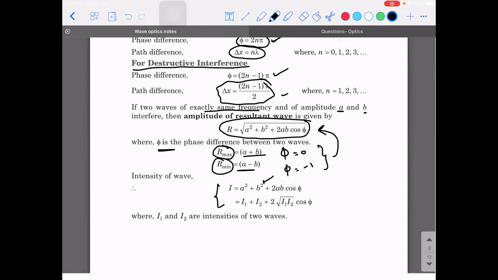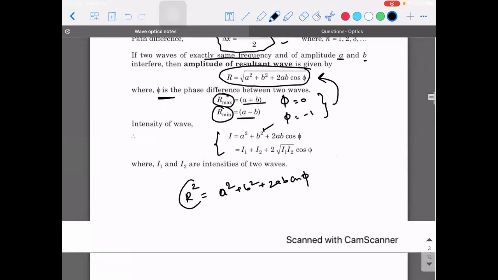See, actually, R square is equal to A square plus B square plus 2AB cos phi, correct? But R square is intensity. So intensity I is equal to A square plus B square plus 2AB cos phi.